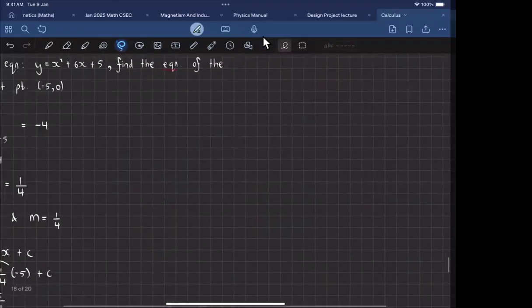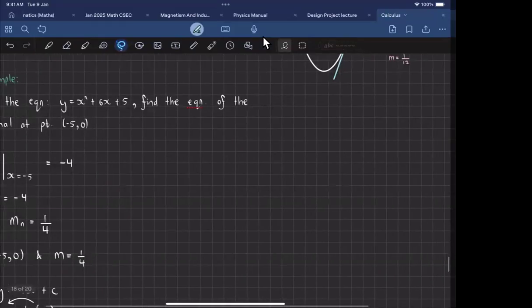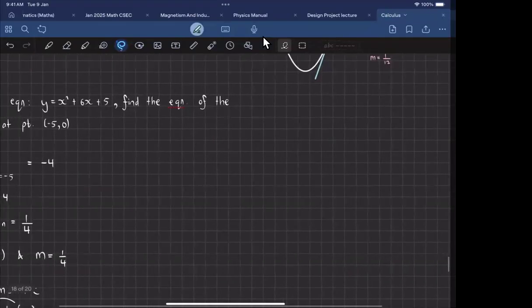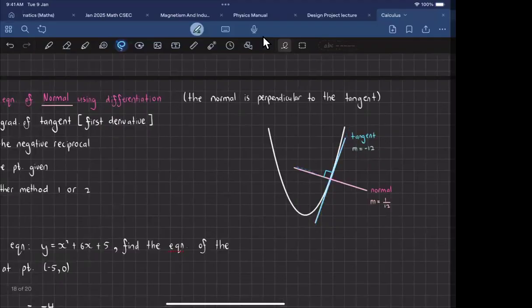So, Kirsten, first things first, what do they want us to find? The equation of the normal. The normal and the tangent, they are what to each other? Perpendicular.